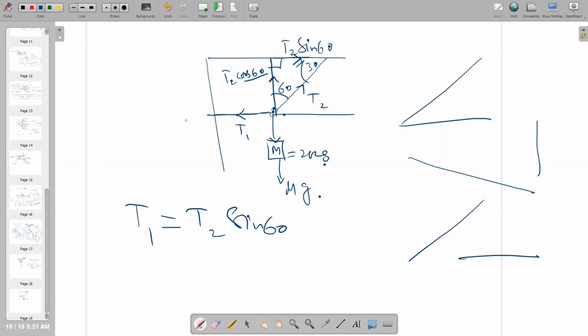Upward is equal to downward. Upward is T2 cos of 60. T2 cos of 60 is equal to mg. So from here you can find the value of T2 and put this T2 here and then solve it for T1. This is the problem.